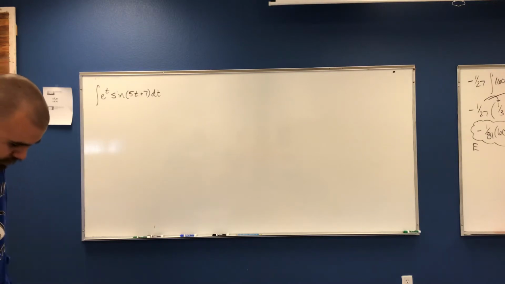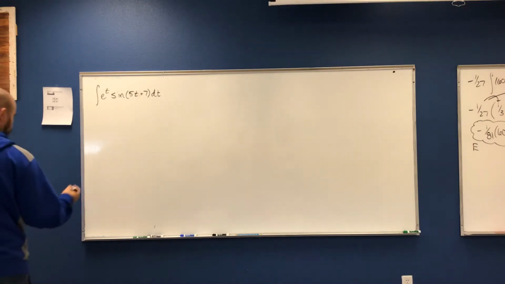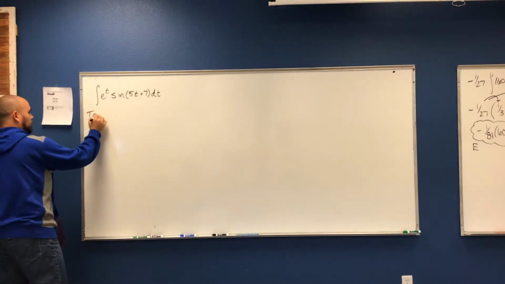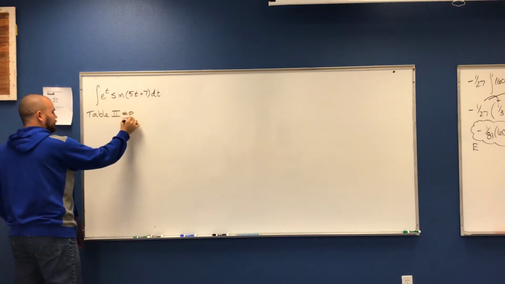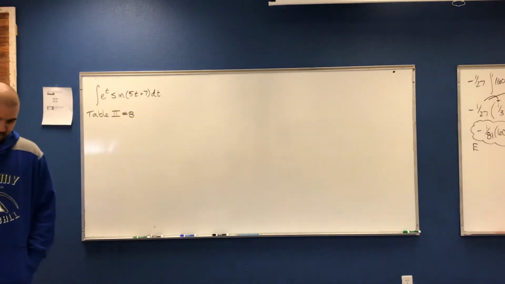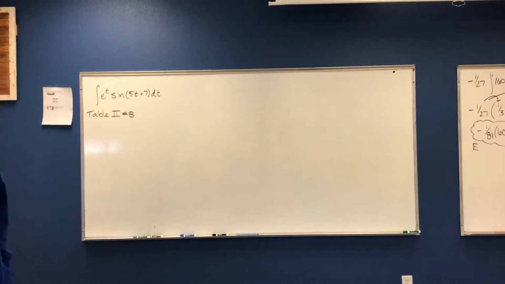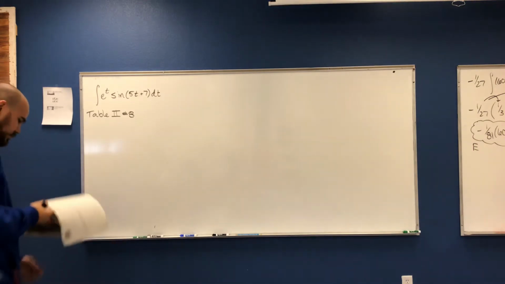Okay, so if I take a look around in the back of my book for a table, this looks an awful lot like it probably should be table 2, number 8. I feel like that one is most beneficial for us.